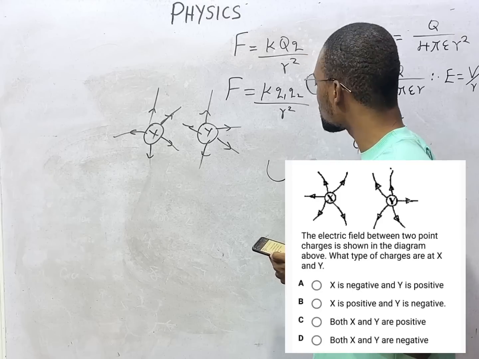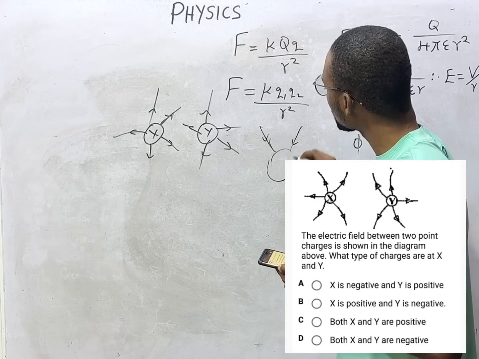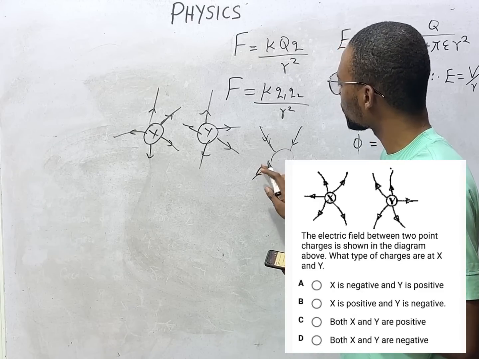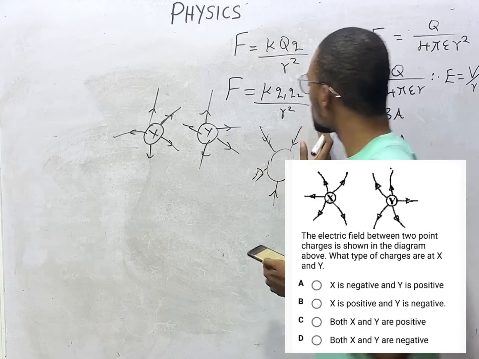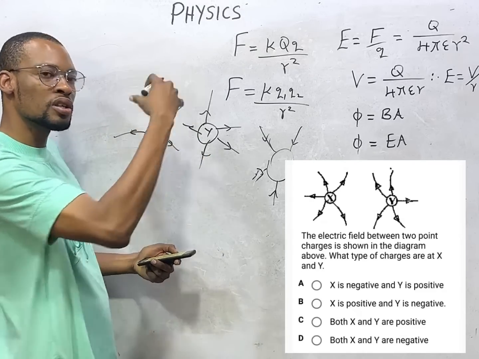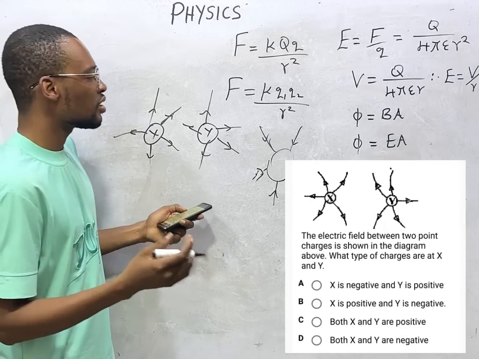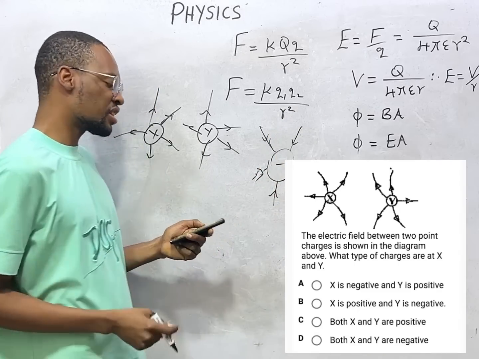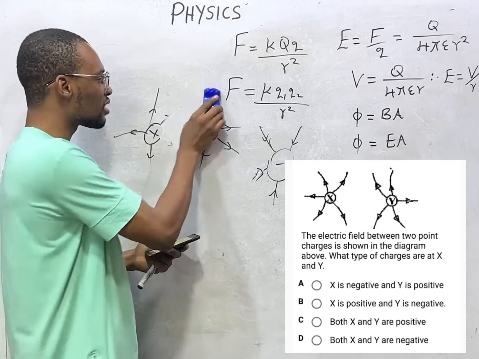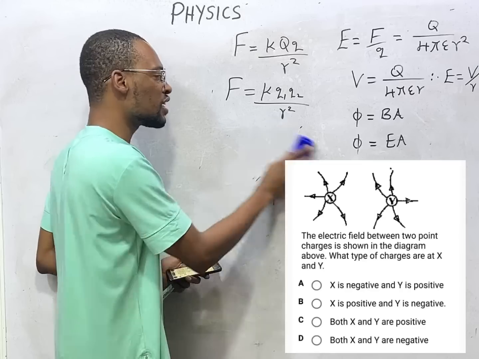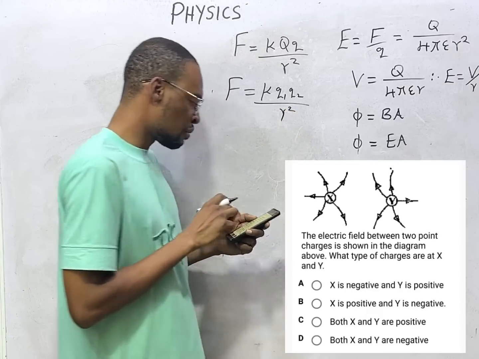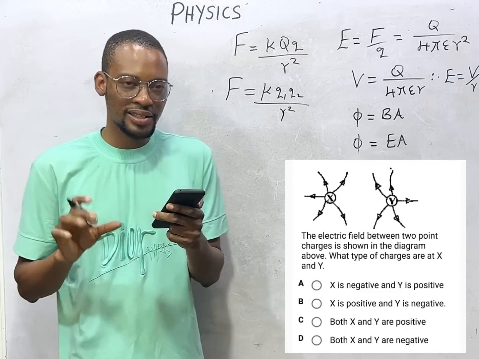For negative, they will be going inside. So the electric lines of force come out or start from positive and go in to negative. When you see the arrows going out, that is positive. If you see the lines are going in, that is negative. So for both S and Y, the lines are going out, which means both of them are positive charges, making option C the correct option.